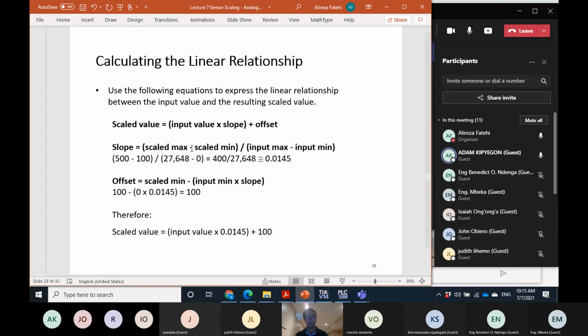So we need to first assign some values to scale max and scale min, also input max and input min, as the raw data, and then subtract these and divide them. Then we have the slope. Using the slope, multiply that by the input value, input min, and subtract and scale.